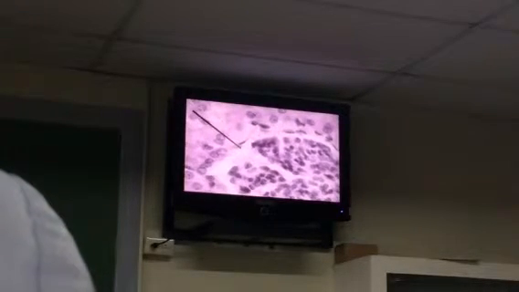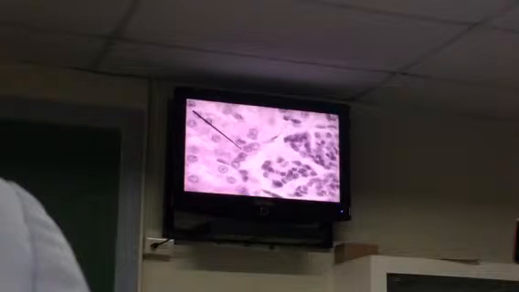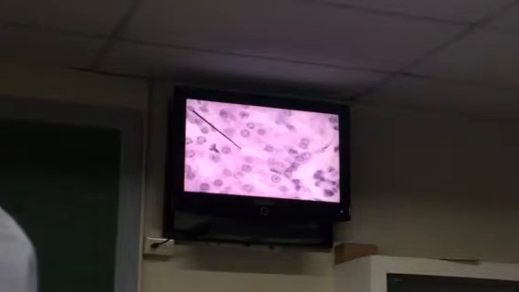Look at this. You have a flat cell that will continue to this cell, which has a round nucleus, compared to that one which has a flat nucleus, and then it will continue to this part.